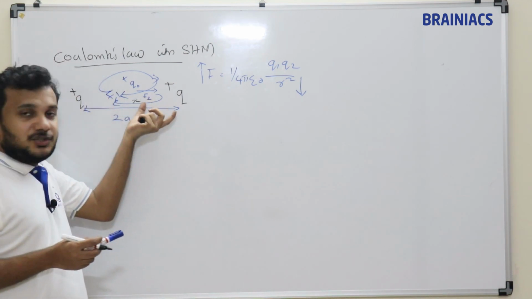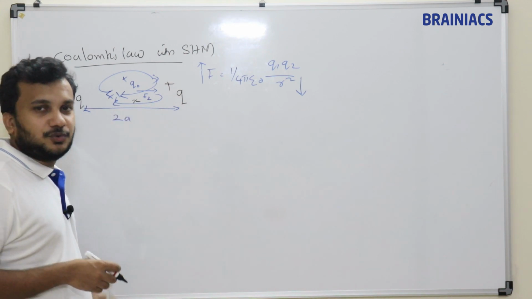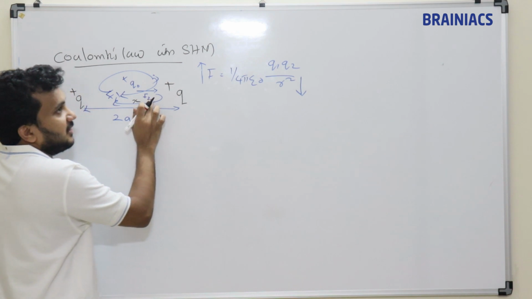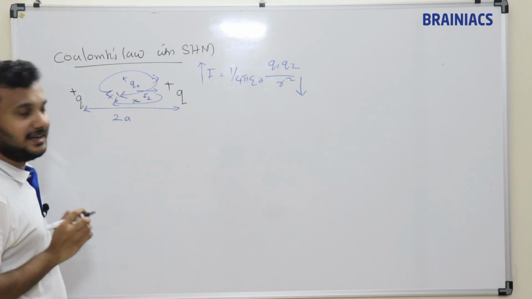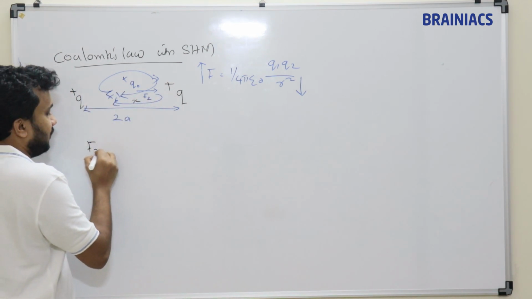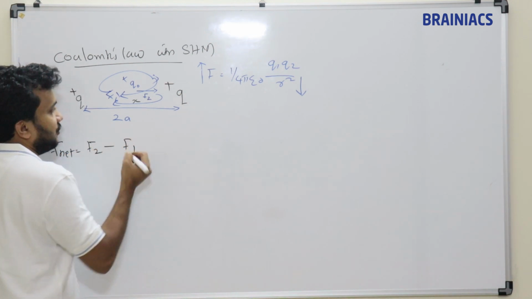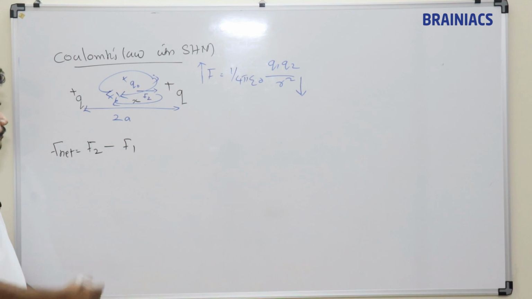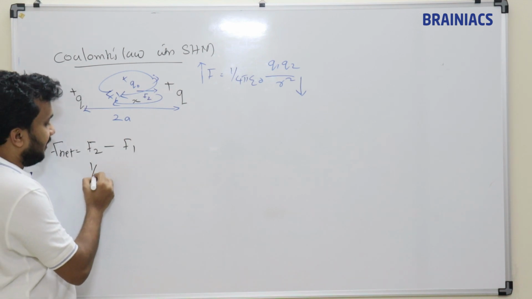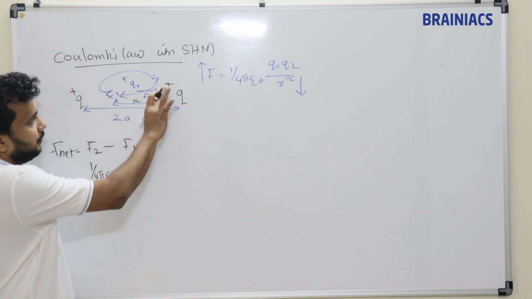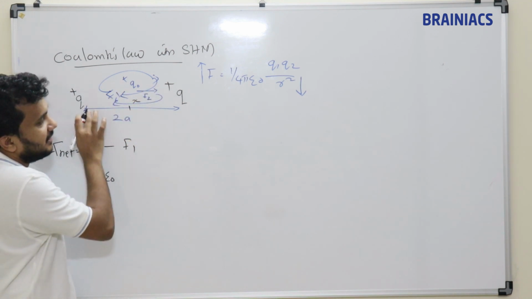Whatever is towards the right side is taken as positive and the left side as negative. So F net, the total force, will be equal to F2 minus F1. What is F2? It is 1 divided by 4 pi epsilon 0.